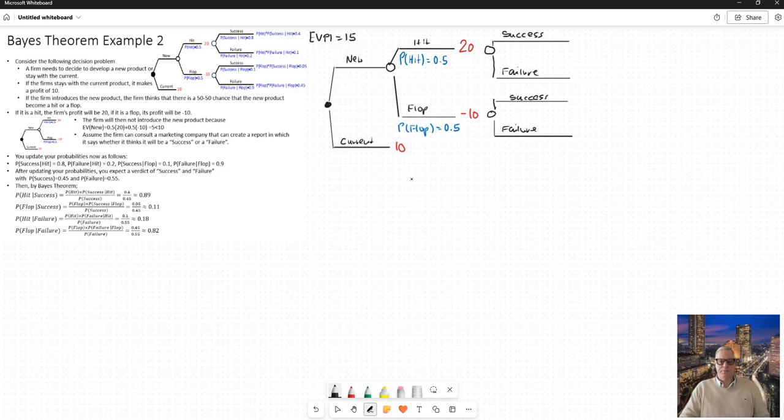Okay, so this decision tree is now simply expanded, and the way you can think of it, initially you thought, shall I introduce the new product, yes or no? If I don't have additional information, I go with the current, but now I consult the advice of a marketing company or consulting company, and they can either come back with a verdict of success or failure.